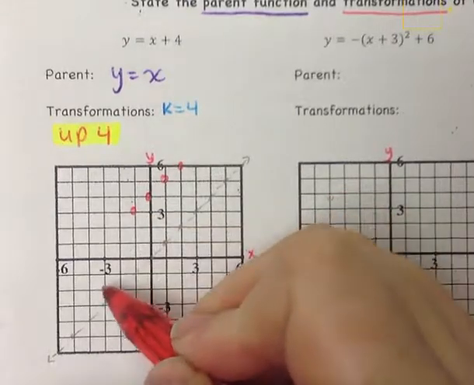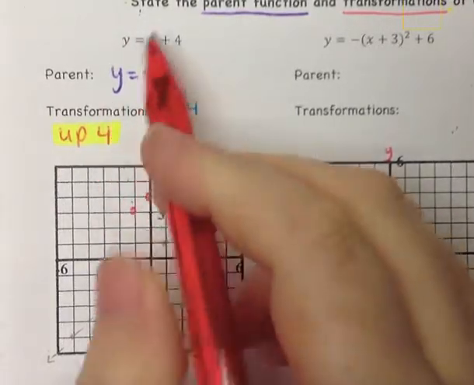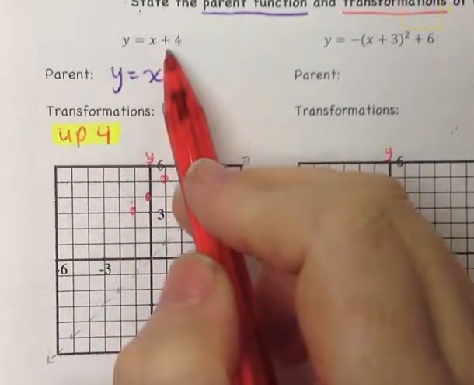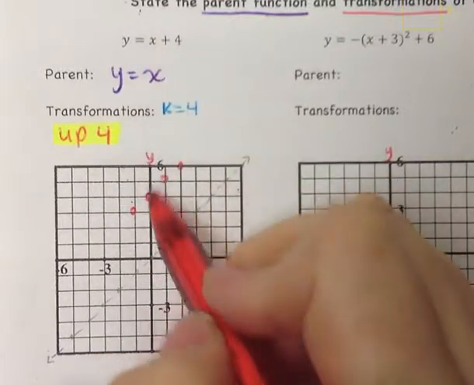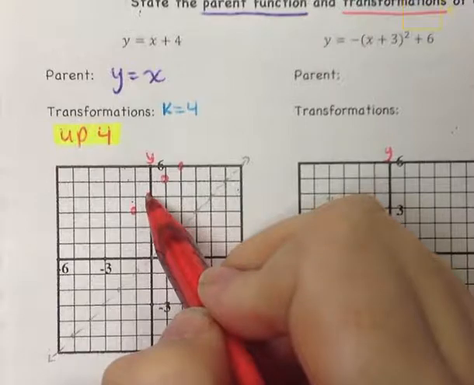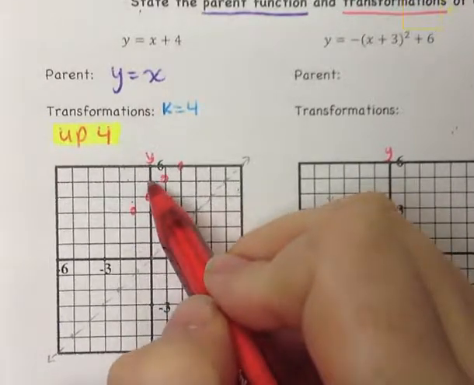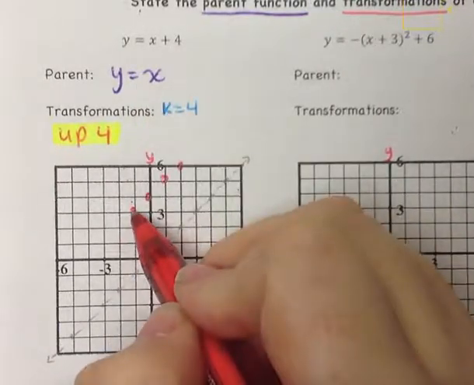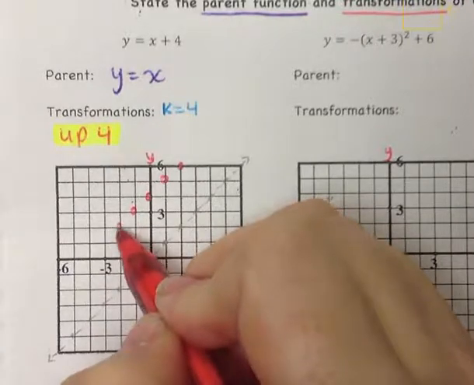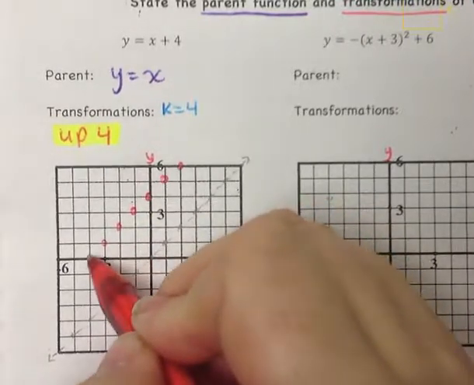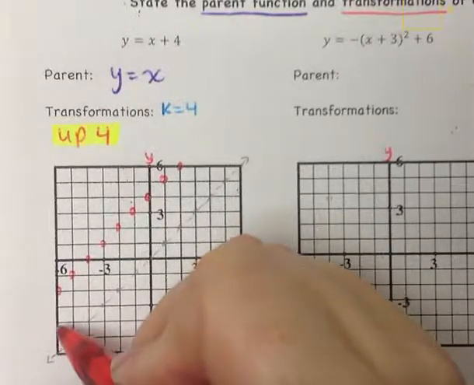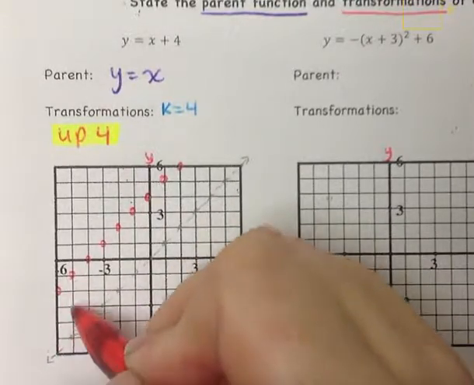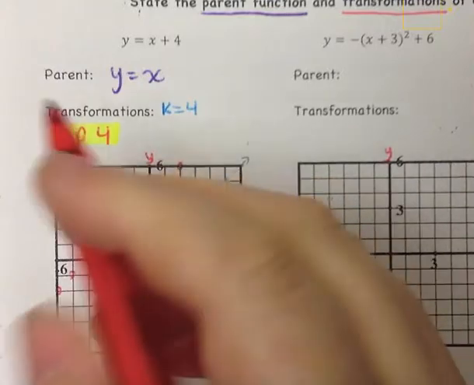The equation y equals x plus 4 has a y-intercept of 4 and a slope of 1 over 1. That means I can continue going down 1 and left 1, and this is still making all of my parent function coordinates move up by 4. They're all just moving up by 4.